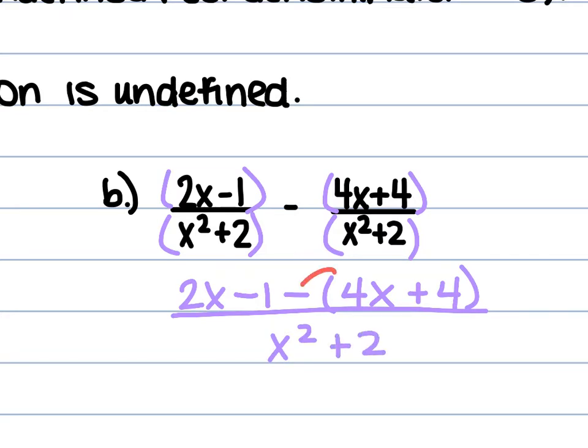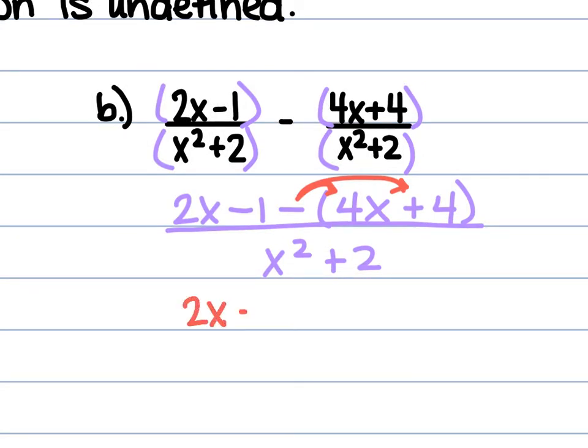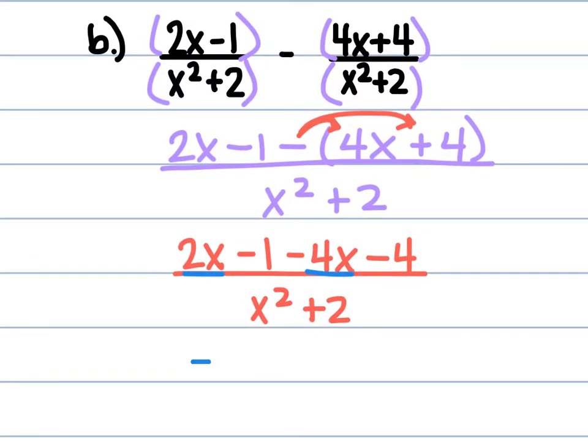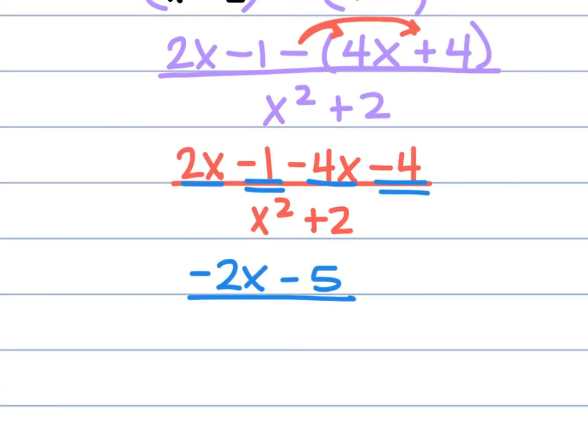So we need to remember to distribute this negative. So it's going to become 2x minus 1 minus 4x minus 4 over x squared plus 2. The 2x minus the 4x is going to give us a negative 2x. And then the negative 1 minus the 4 is a negative 5. So it's negative 2x minus 5 over x squared plus 2.